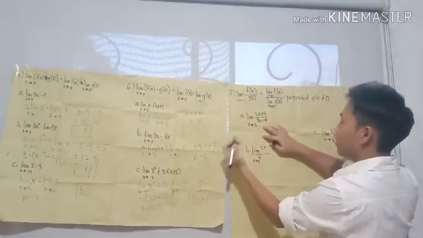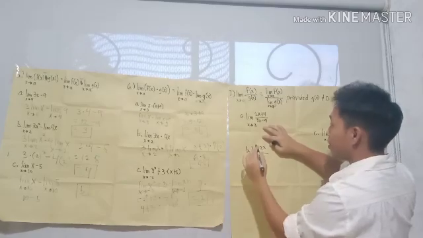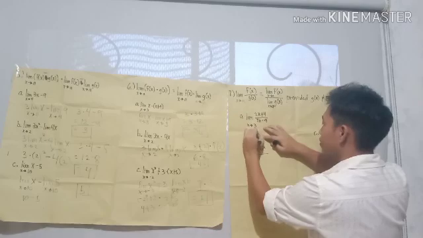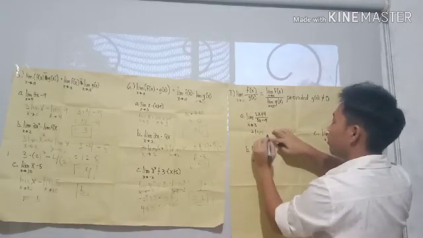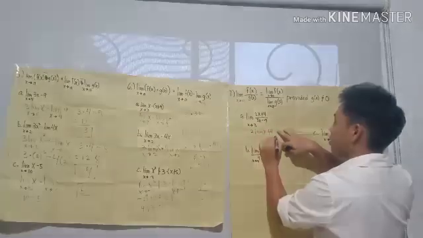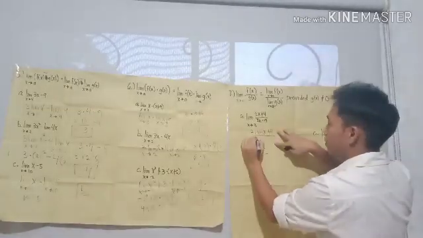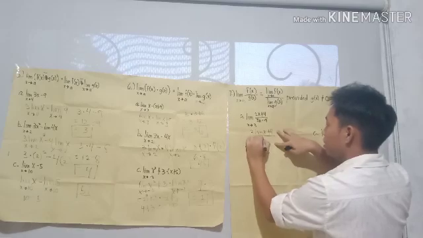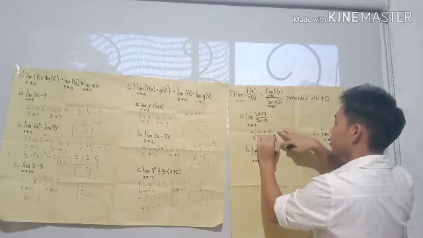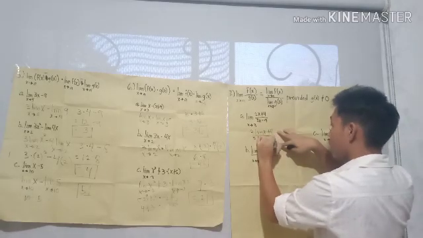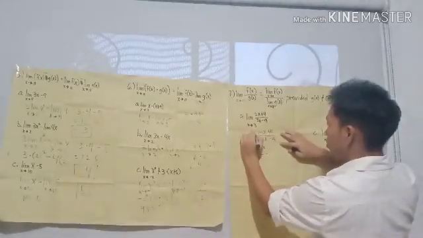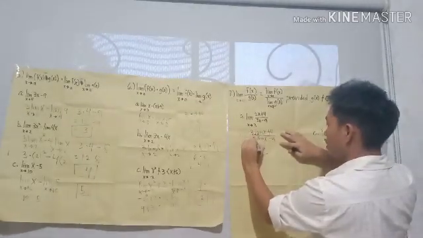First off, the f of x at the top, you arrange. So 2 limit of x plus 4 divided by 5 limit of x minus 9 as they both approach 3.